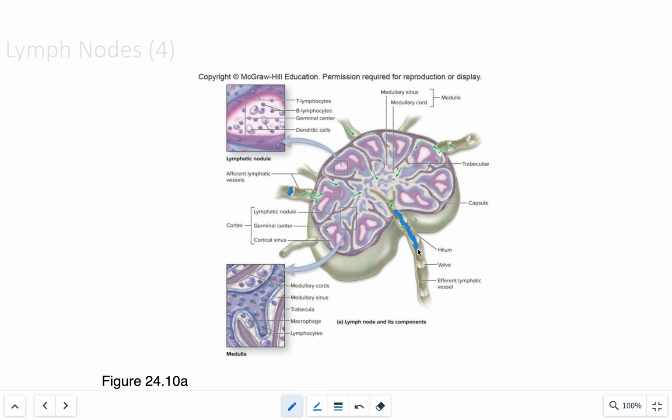So basically, all we're looking for through this whole process is to make sure that any antigens that are present inside of the lymph, we could have recruitment of T lymphocytes, B lymphocytes, or engulfing through macrophages. So just a simple way of filtering the lymph before it enters back into the cardiovascular system.